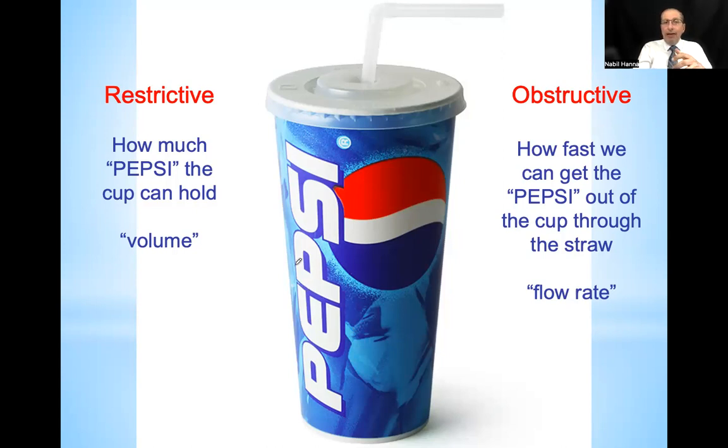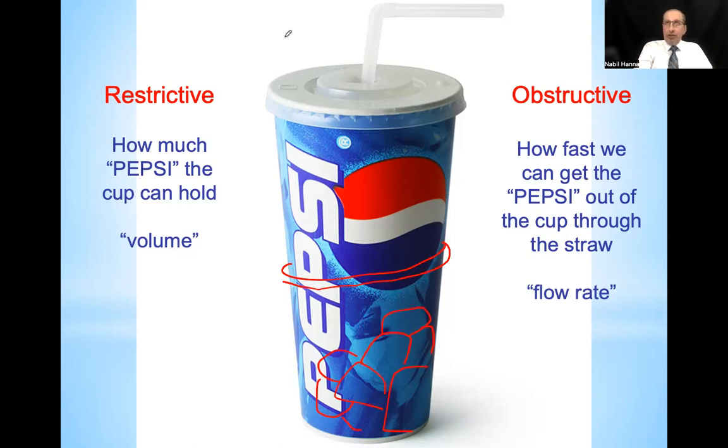If something from outside distorts the cup, or if you have a tight rubber band here that squeezes the cup, decreasing its capacity, or if you have something inside the cup, again, reducing its capacity to accommodate Pepsi, like a lot of ice cubes, or maybe a paper towel inside the cup, all these things would limit the amount of Pepsi that you can get into the cup.